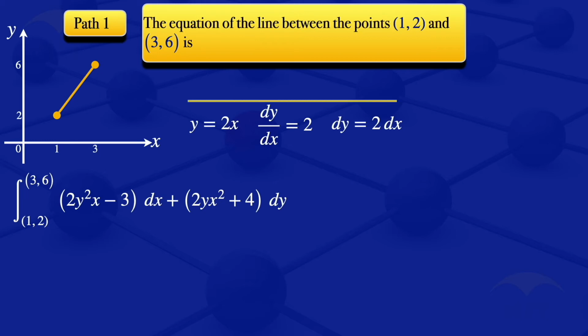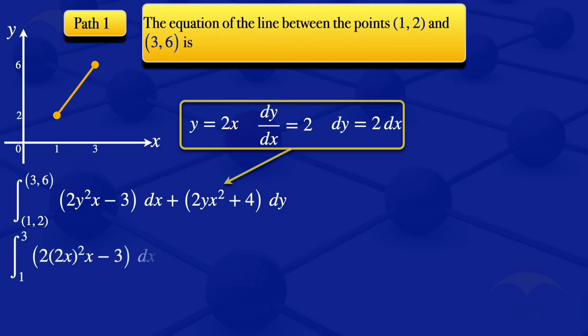We substitute this information into the integral, and x varies between 1 and 3. So we have the integral from 1 to 3 of (2(2x)²x − 3) dx + (2(2x)x² + 4)(2 dx).